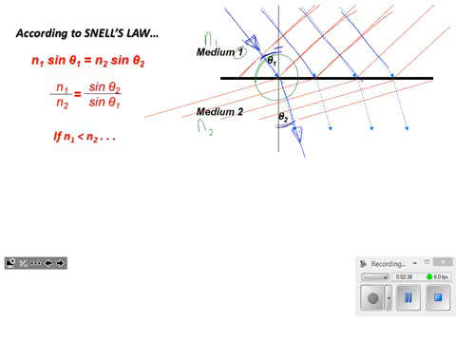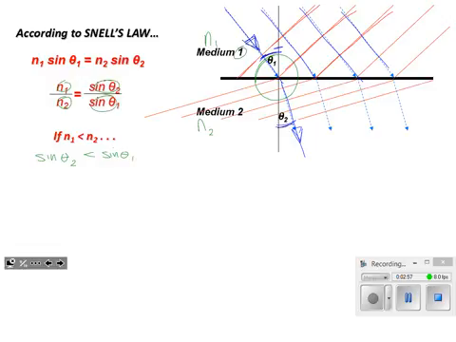Well, if n1 is less than n2, that must mean that sine of theta 2 is less than sine of theta 1, right?